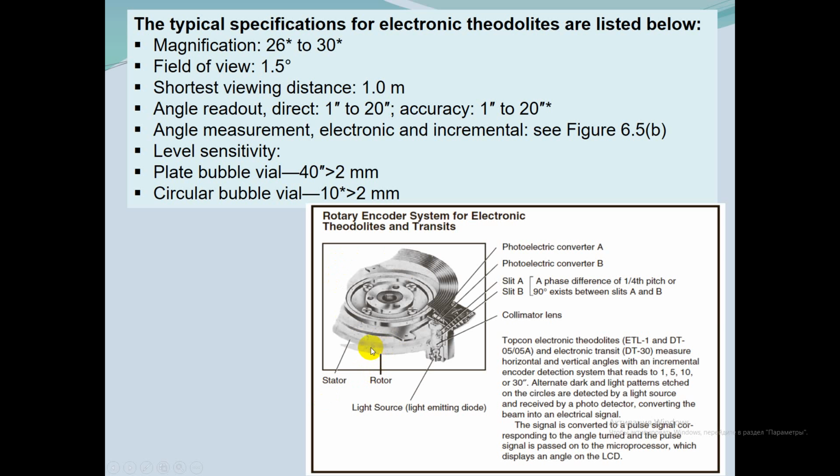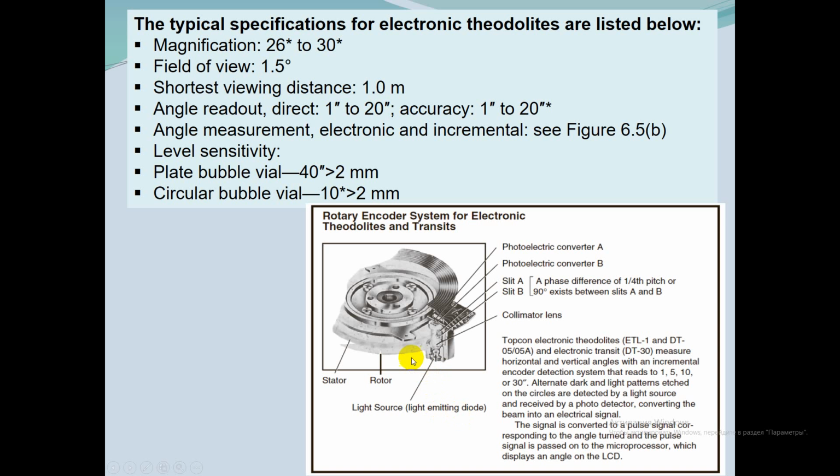This is a rotor and stator, light source, collimator lens, photoelectric converter A and B. Horizontal and vertical angles with an incremental encoder detection system that reads to 1, 5, 10 or 30 seconds.